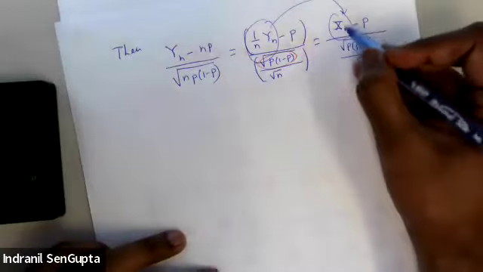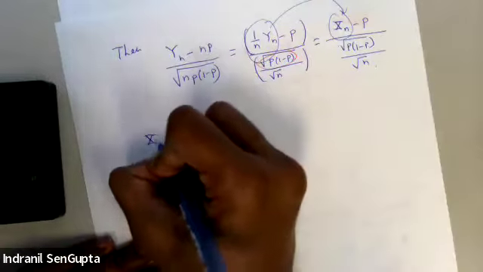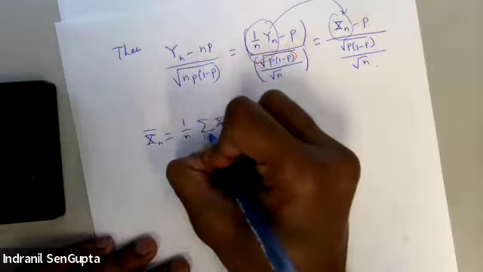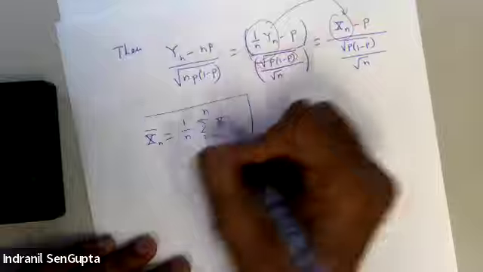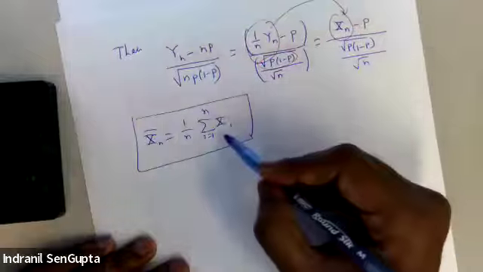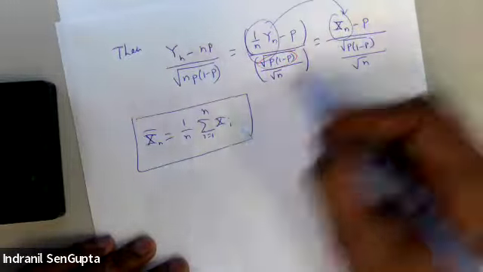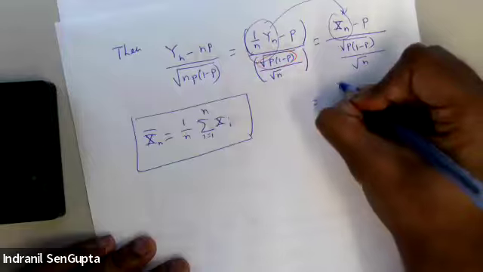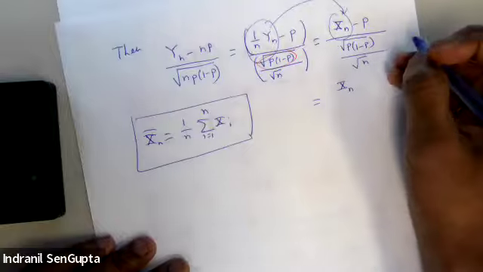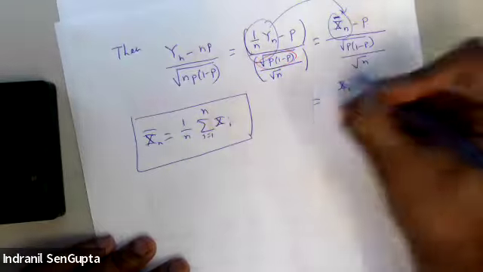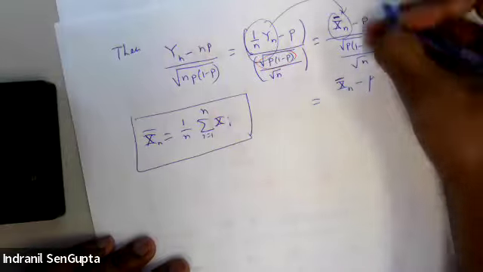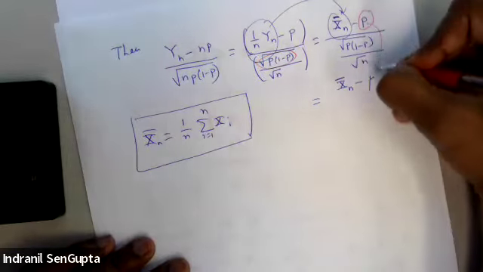Now, what is this xn bar? xn bar is really 1 over n summation of xi, i from 1 to n. This should remind you of the format. This p is the expected value of all these xi, so this p is the same as mu, which I defined earlier.